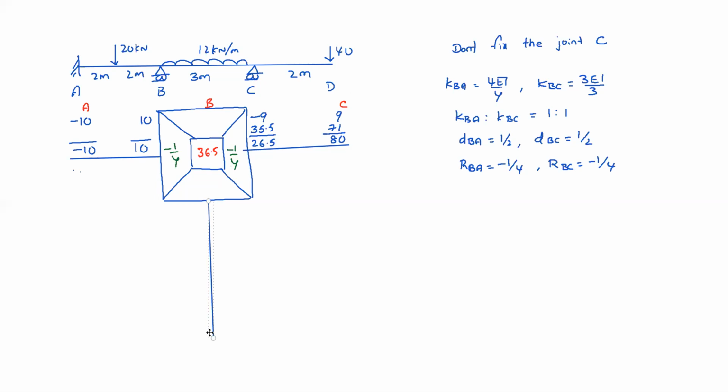Now tell me here, minus 1 by 4 into 36.5. How much? Minus 9.125. Right side minus 1 by 4 into 36.5, minus 9.125. That's all. With this we can find final moments.